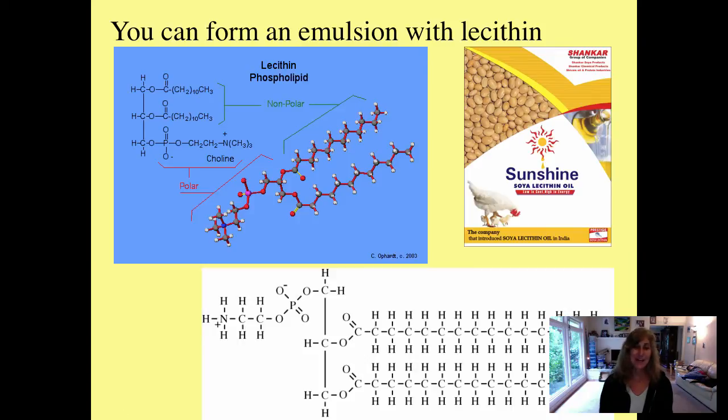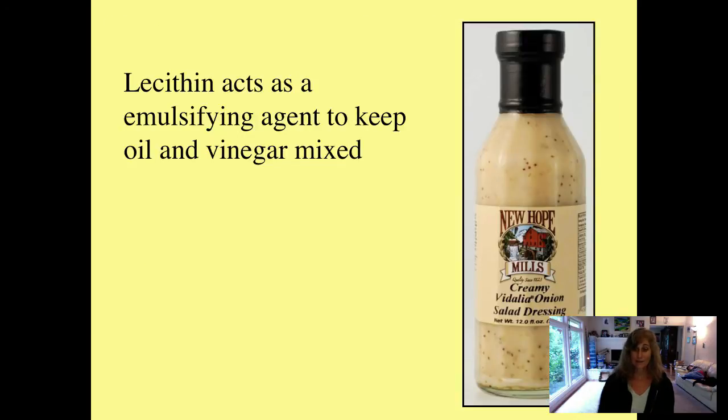It's a soy product. But when we add it to salad dressing, the polar end is going to grab on to the vinegar side, and the non-polar end is going to grab onto the oil. And so you get, ta-da, voila, there's our oil and vinegar dressing. Now it's creamy. That means it doesn't separate because of this emulsifying agent.